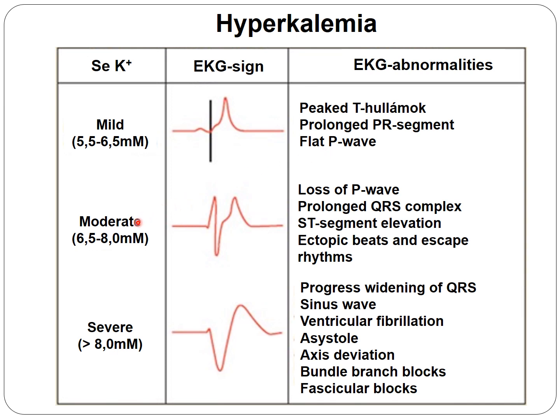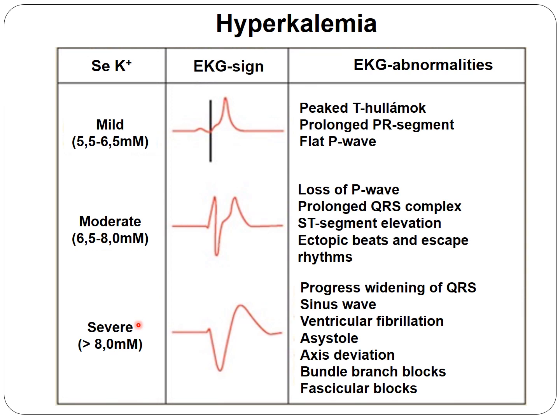When we do have a moderate increase of the potassium, ranging from 6.5 to 8 millimole per liter, the P wave disappears. The QRS is widening, the ST segment is elevated, and a lot of ectopic beats and escape rhythm can develop.